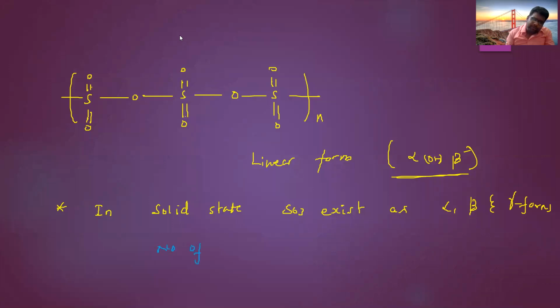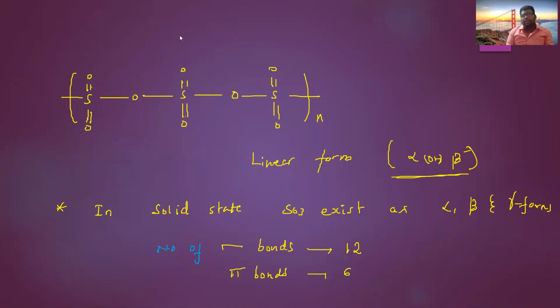The number of sigma bonds is equal to 12. Already 6, remaining 6. 12 sigma bonds and 6 pi bonds. What are the 6? Every double bond has one pi bond. Total 6 double bonds.